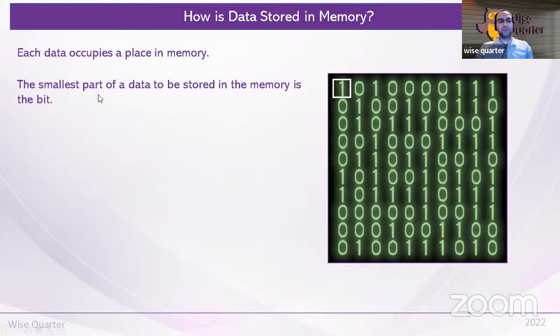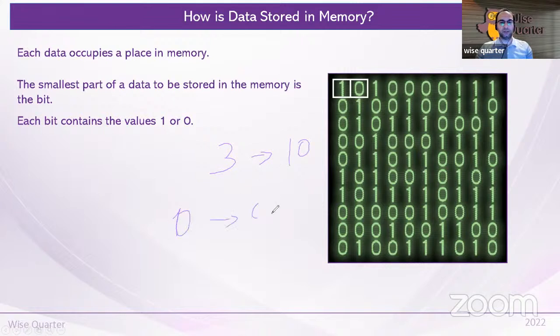This smallest part of the memory is called a bit. It can only contain 0 or 1. But it doesn't help us very much to store only 0 or 1. To store something else, a greater number, for example 3, which we cannot write here, it becomes 1 and 0. For 0, it is 0.